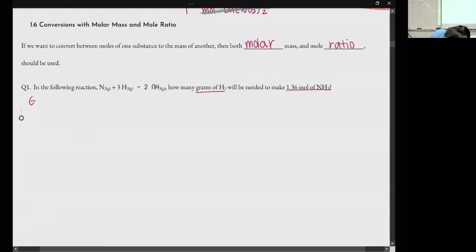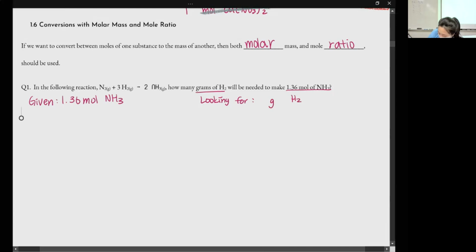So our given is 1.36 mole of NH3, and we're looking for the mass in grams of H2.